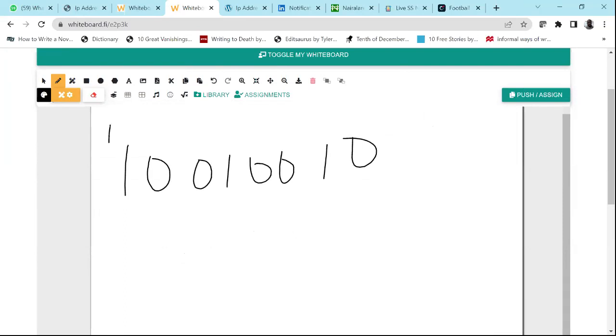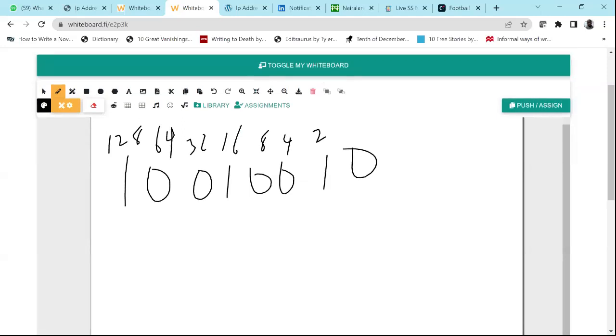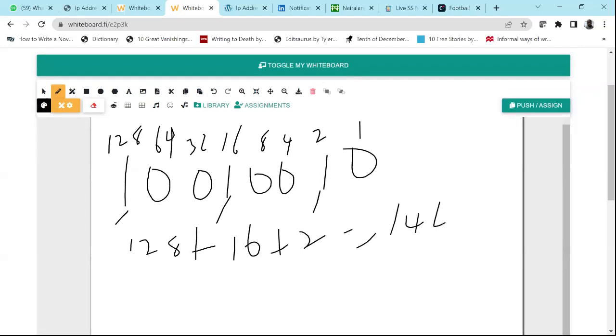I said this is 128, this is 64, this is 32, this is 16, this is 8, this is 4, this is 2, this is 1. I'm just going to add this, this, and this, which is what we did, and we got 128 plus 16 plus 2, which is 146.